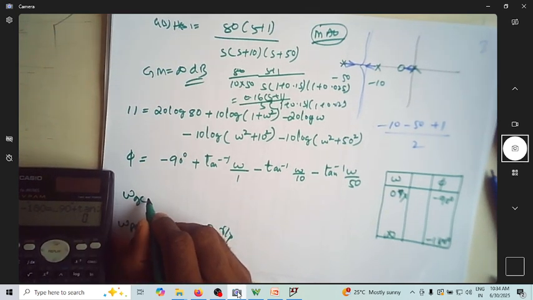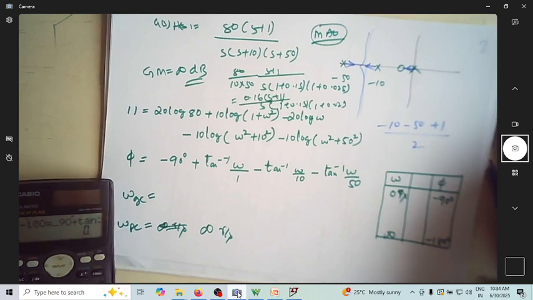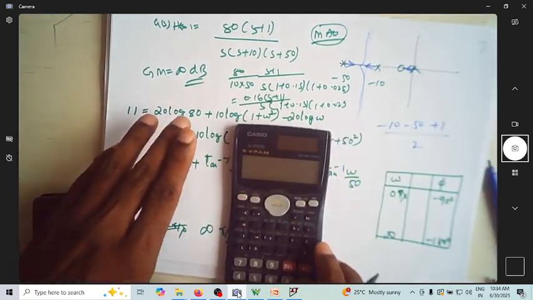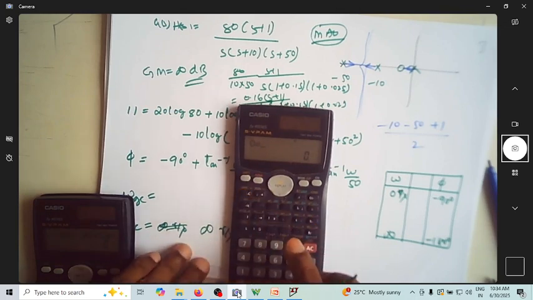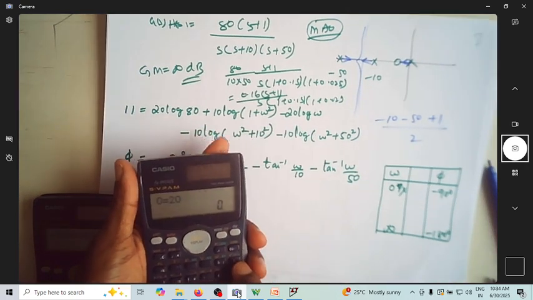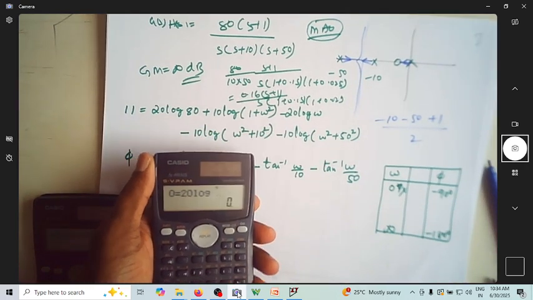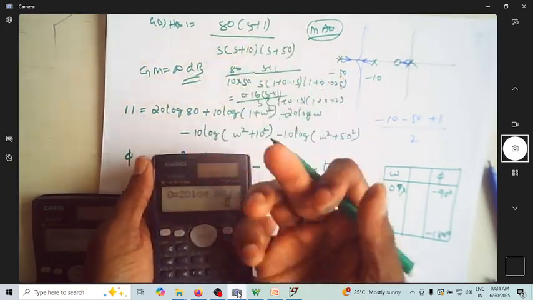That's omega PC. How about omega GC? Omega GC I have to find here. So how do I do that? Let me use this calci. So it is now 0 alpha equals 20 log 80. I'm just using that without solving, without manipulating.